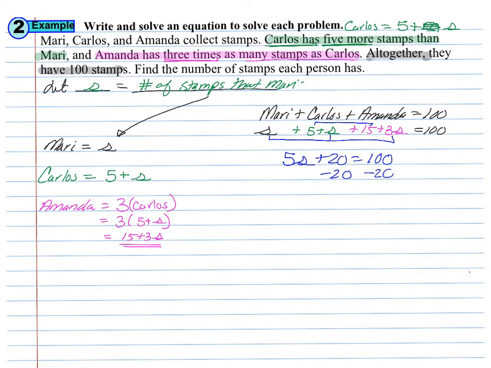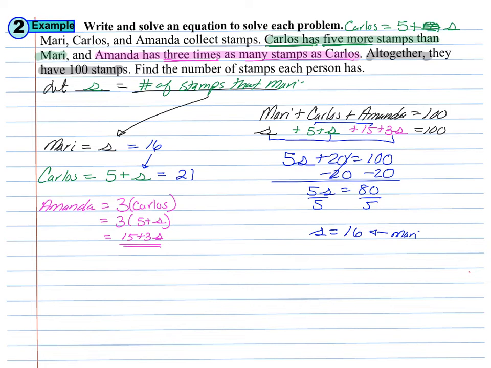Subtract 20 from both sides. You're going to get 5S is equal to 80. Divide both sides by 5, and you're going to get that S is equal to 16. This right here is Mari's number of stamps. So now we know that Mari has 16 stamps. And then we know S is 16, so 16 plus 5 is 21.